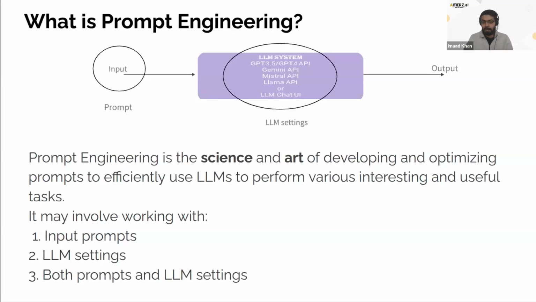This is how I define prompt engineering. And what's really crucial here is that it is a science in that there are certain ways that you can use to make sure that your outputs are better than just writing regular stuff.